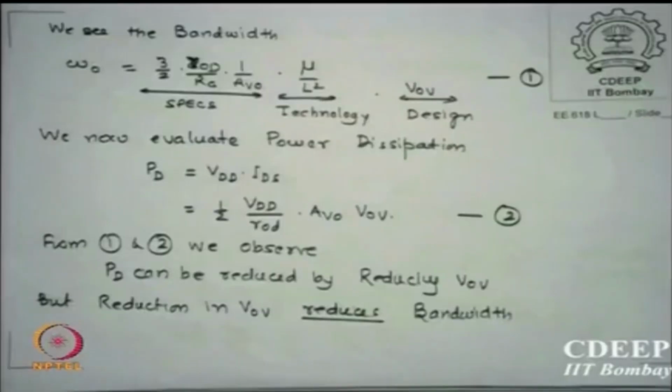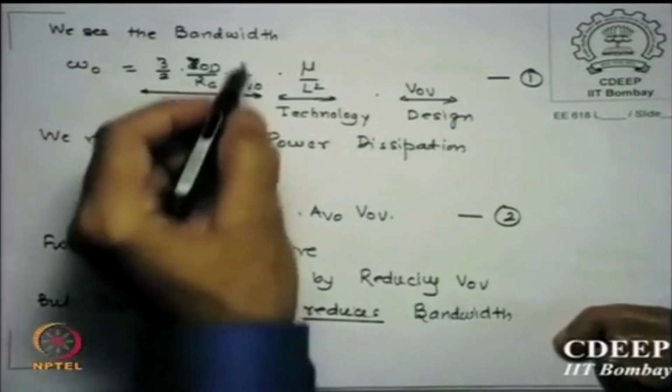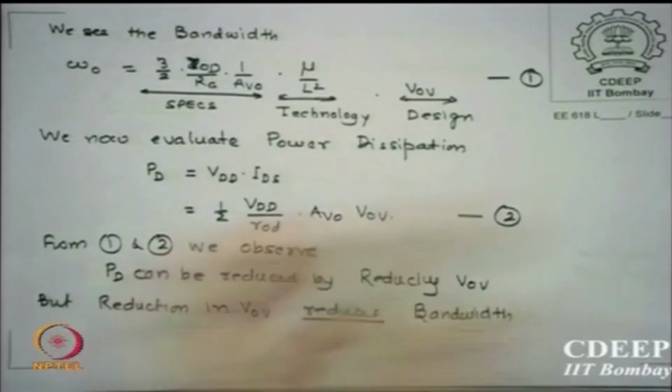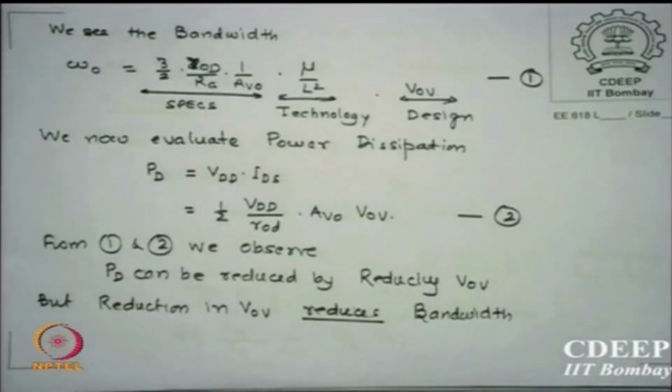So is that omega 0 term clear? So I write the same expression now, if I put it here you can see. W0 is 3 by 2 ROD by RG into 1 upon AV0. Normally these are specifications for the amplifiers, gains are functions, RG is the external resistance of the source, which is generally 50 ohm to 600 ohms, depending on the source you use.